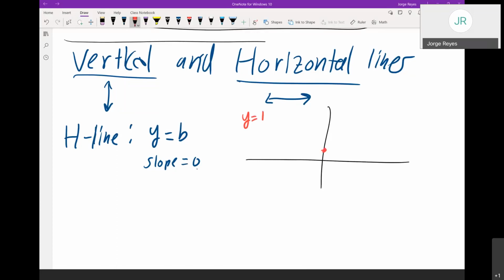So here it is at 1, and it's flat. Y equals -2. Here it is, and it's flat. Nothing groundbreaking here. These are horizontal lines, slope 0. Y-intercept is this number.